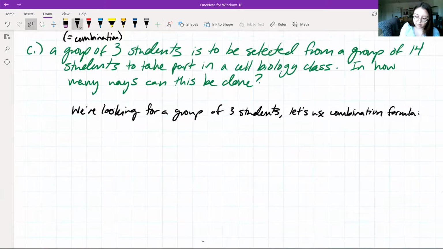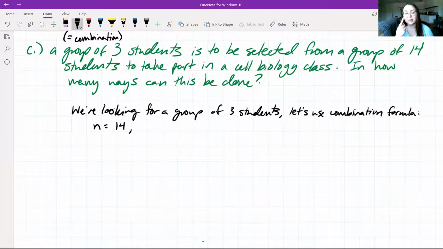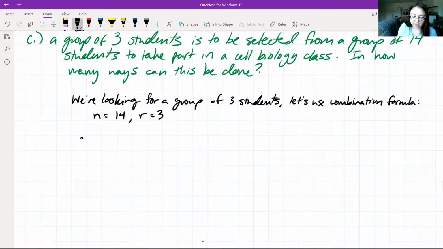So we can say that n in this case is 14 because we have 14 students in all. Our r value is going to be 3 since we're taking a group of 3 students, so we're taking 3 at a time out of 14. And we set up our combination equation.